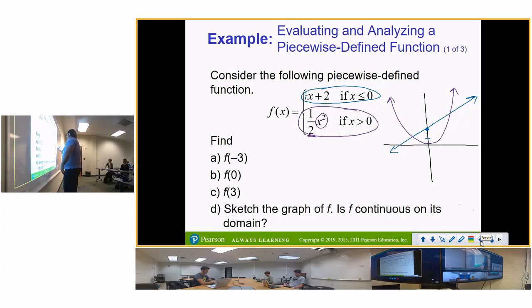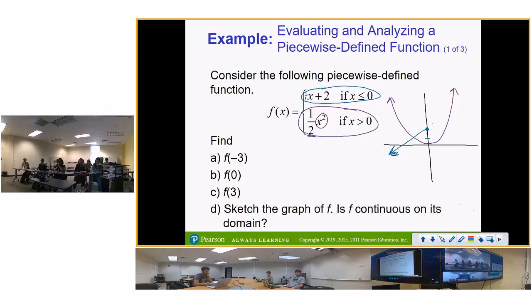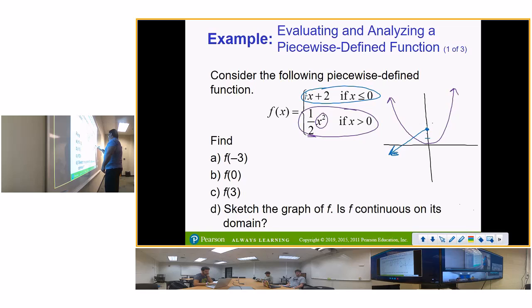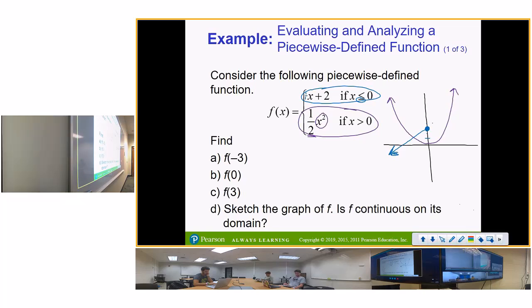So I'm going to erase. There you go. I basically erased what was over here, and I get a solid circle there. Why? Because that equals right there. Okay, now, where is everything greater than 0 on the magenta line?